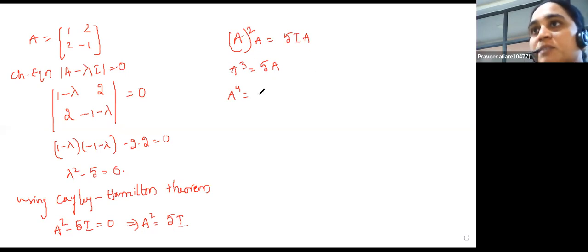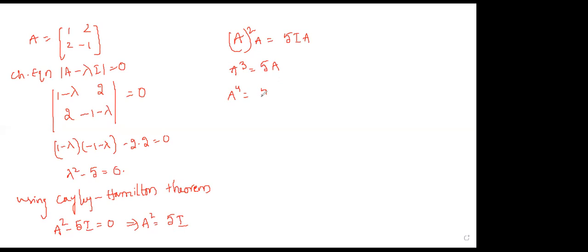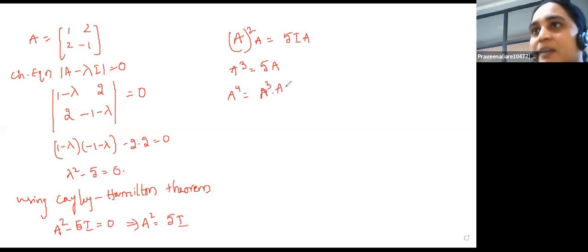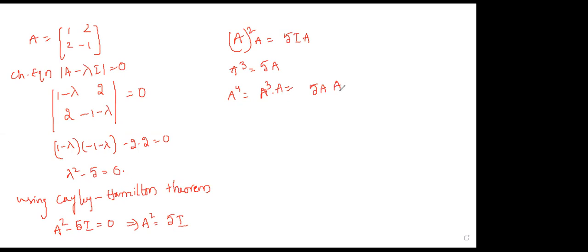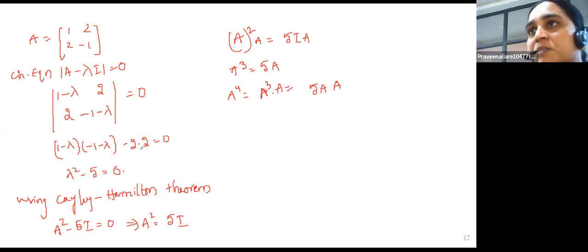A power 4 means what? A power 3 into A, A cube into A. Already we know that A cube is 5A, into A. Once you check it, any mistake here?